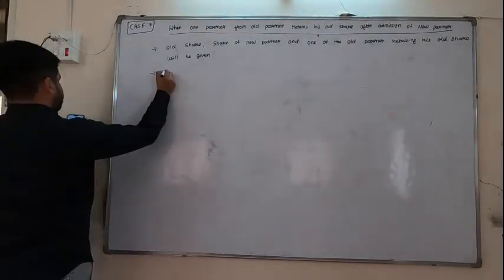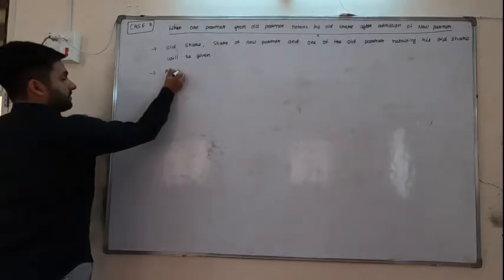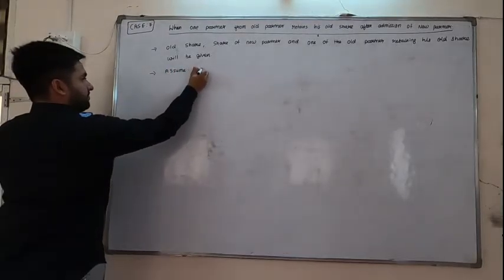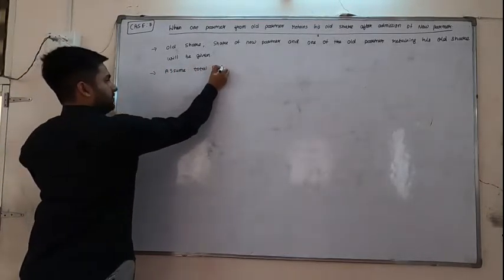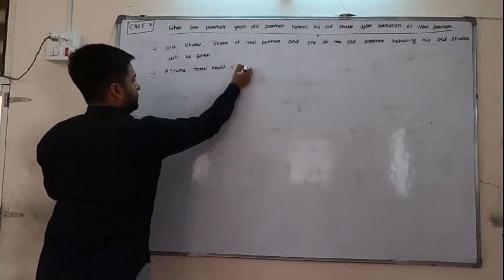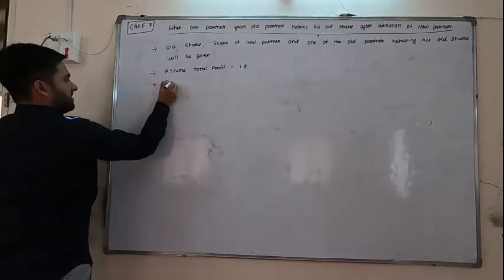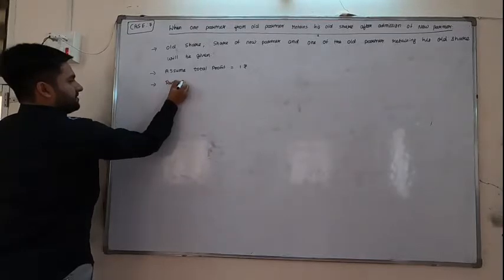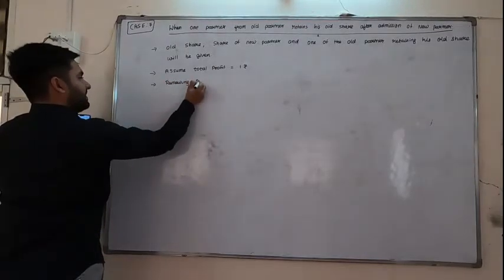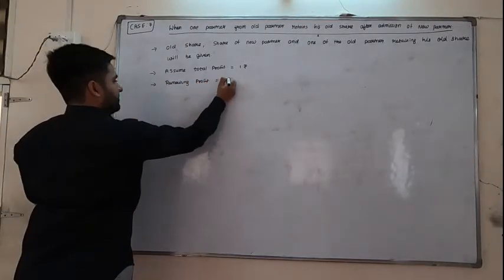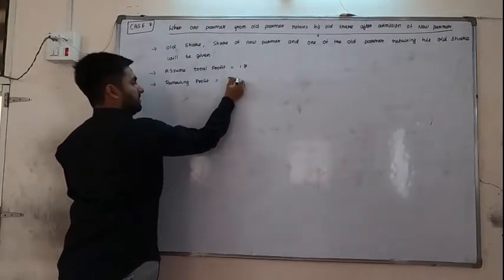So how to start the sum? Assume total profit 1 rupee. Then find, as per case 1 and 2, remaining profit is equal to, what was the formula?